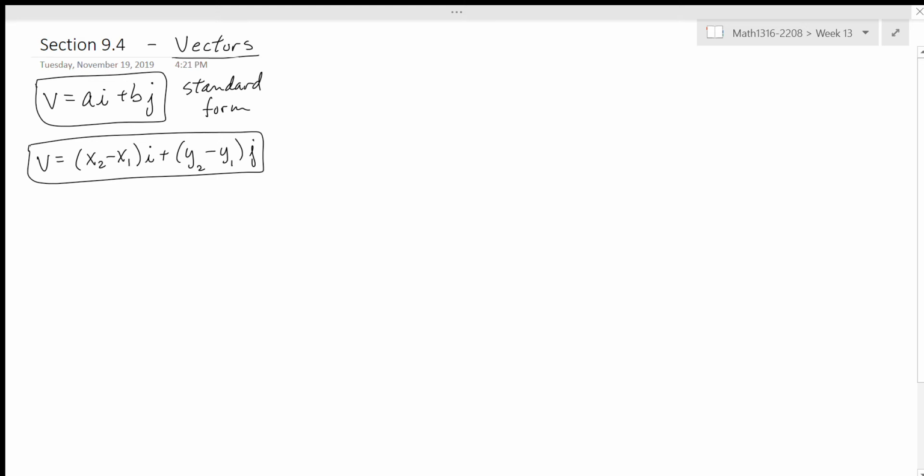And for lack of a better term, I'm going to call this the two-point formula. And that formula is used to get the standard form of a vector if you know the starting point and the end point of the vector.